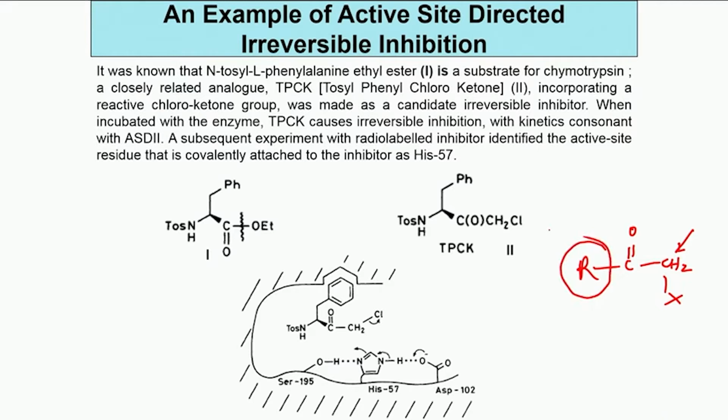Suppose we have chymotrypsin in mind. We know chymotrypsin hydrolyzes the amide bond from the carboxy side, where the carboxy belongs to an aromatic amino acid like phenylalanine, tyrosine or tryptophan.